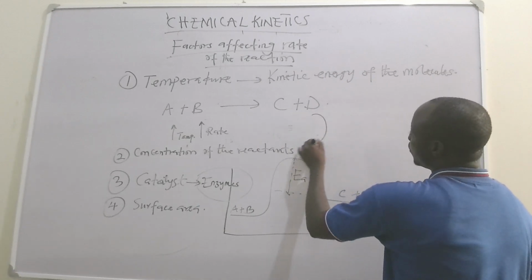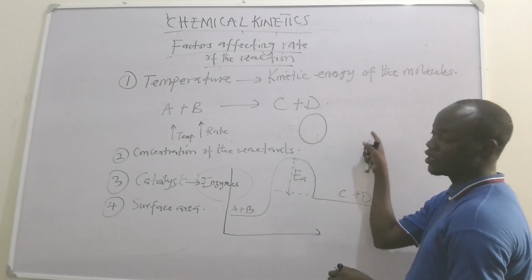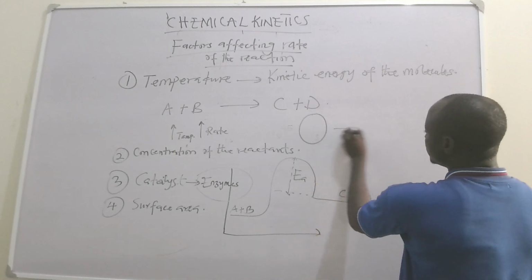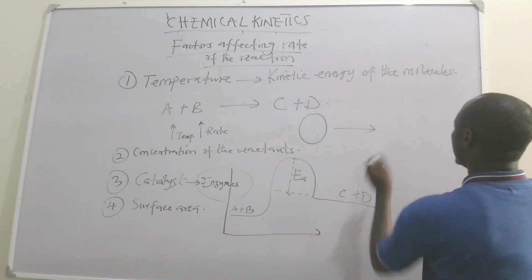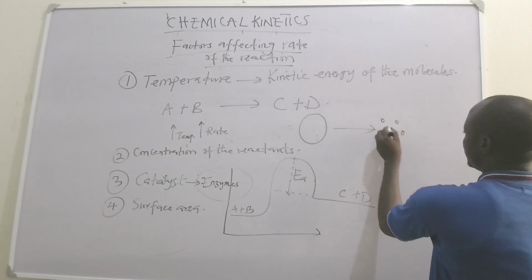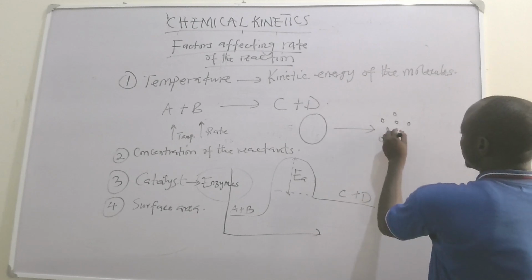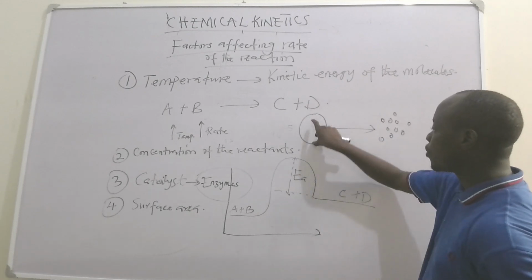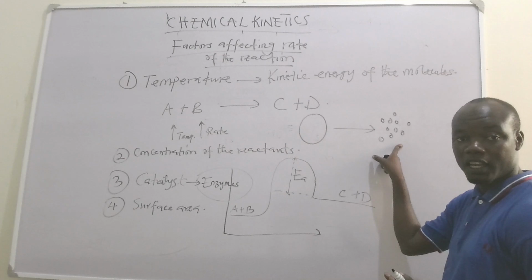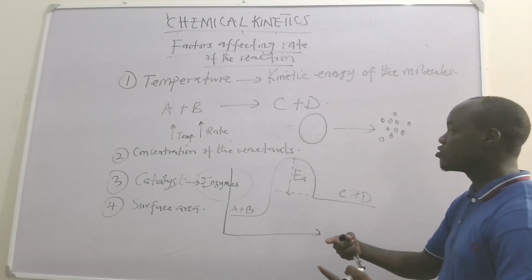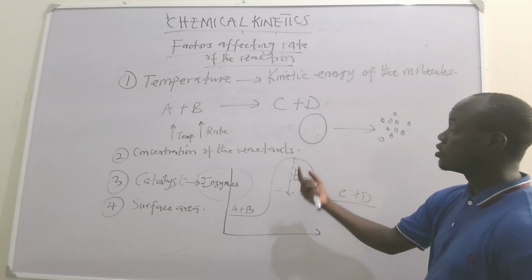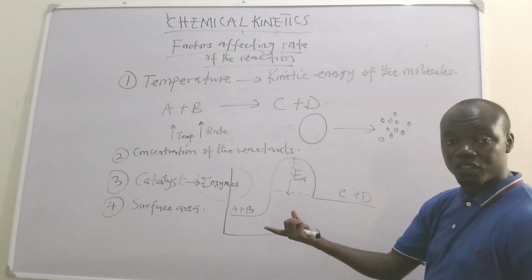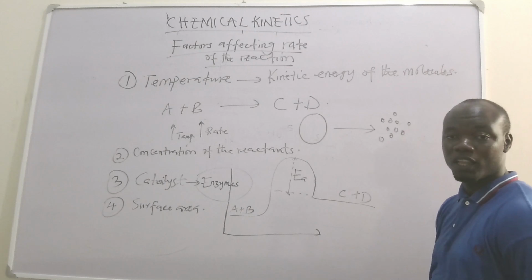If you have something like this, it's big, and if you now break it into smaller particles like this, then from here to here you have increased the surface area. So an increase in surface area increases the rate of the reaction. If you decrease the surface area, the rate of the reaction will also decrease.